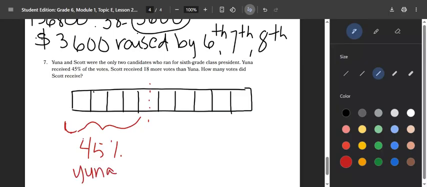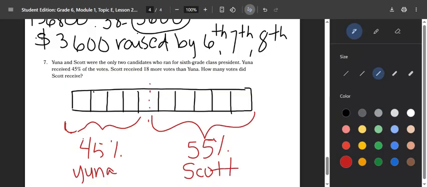All right, and then from here to here is 1, 2, 3, 4, 5.5, which is 55%. Now this is Scott's amount.